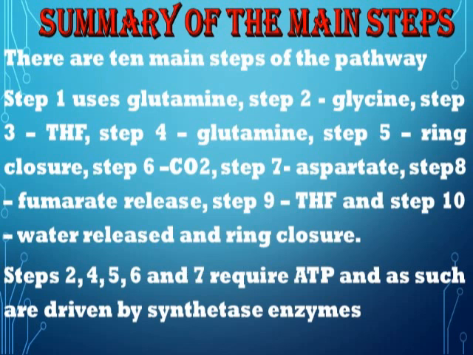Step 6 uses carbon dioxide. Step 7 uses aspartate. Step 8 releases fumarate. At step 9, tetrahydrofolate is used. Finally, in step 10, nothing is added but water is released and the ring is closed. So it involves ring closure.